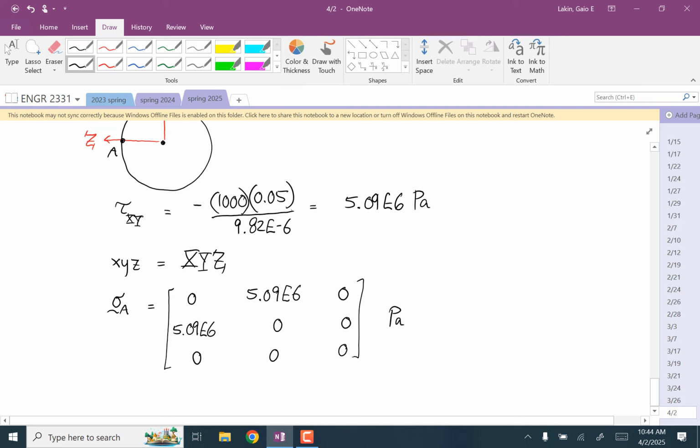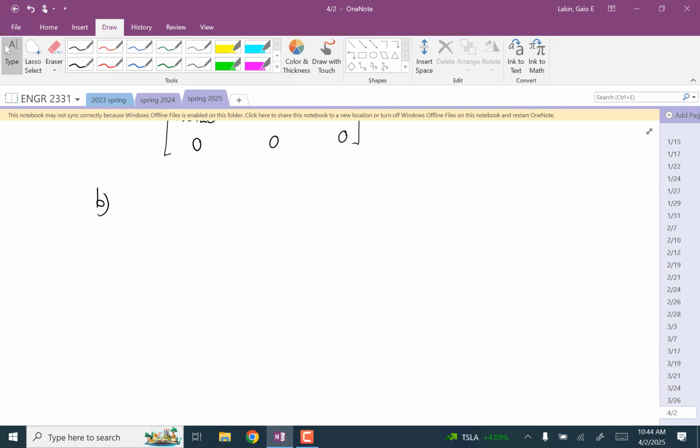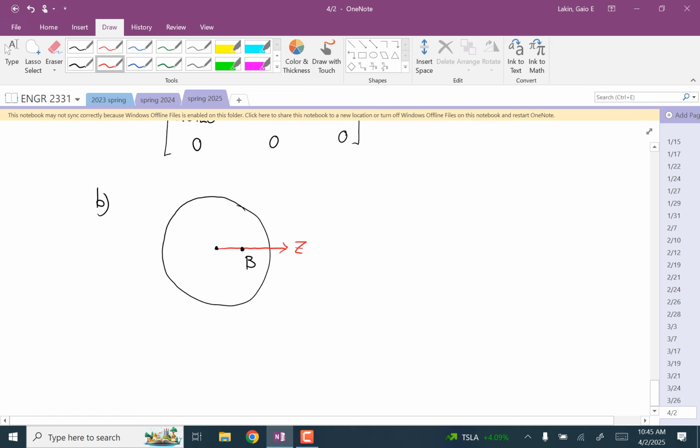So now we're going to do one where rho is not equal to the radius of the cross section, and the temporary coordinate system is not the same as the real coordinate system. So this time our B is halfway out. Our temporary coordinate system is this way with the z-axis pointing this way.